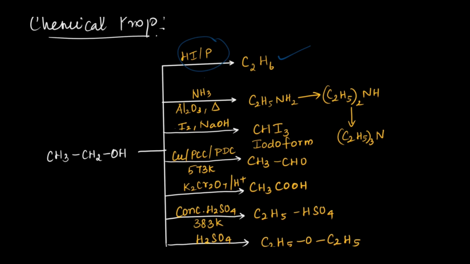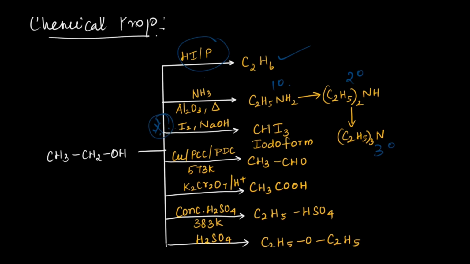Okay, treating with ammonia, first that will give the primary amine, then secondary amine, and then finally tertiary amine, again and again if I am treating it with 3 moles of alcohol. Then this reaction, I2 with NaOH, is a super important reaction.